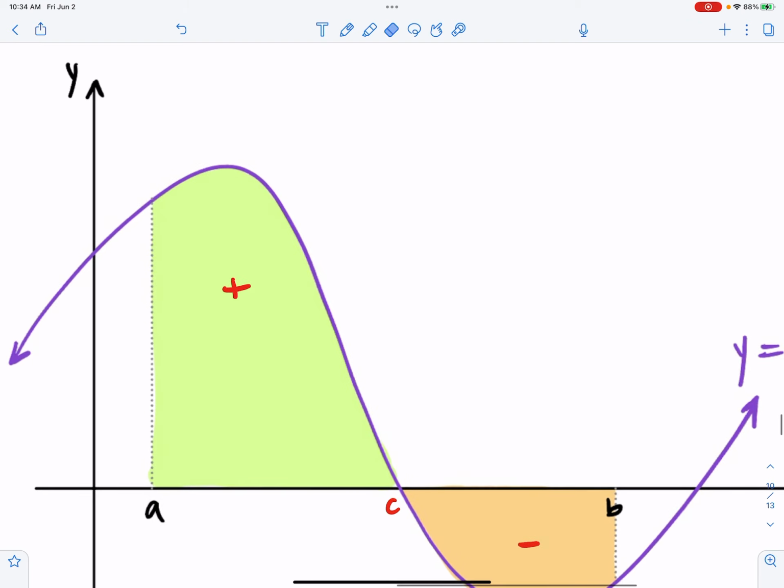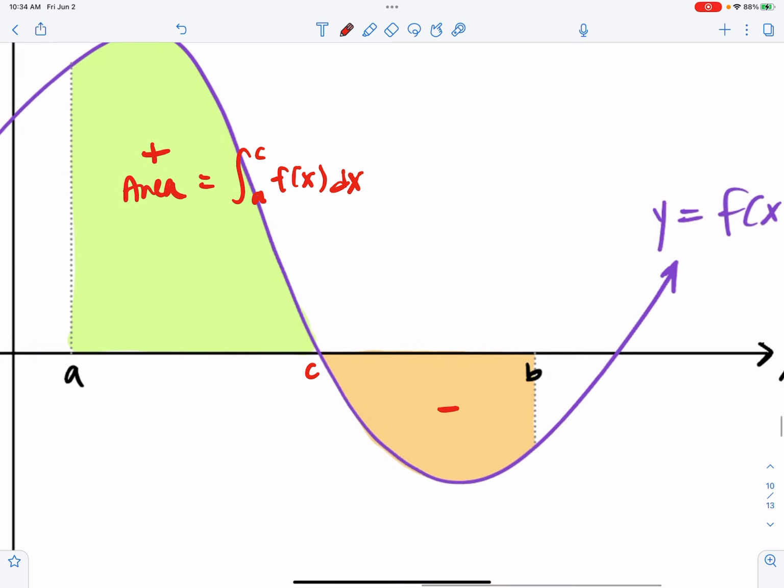Like the integral of f from a to c would represent this positive area. So from a to c, that highlighted in green would be positive area. This negative area, so this value from c to b, would be negative.